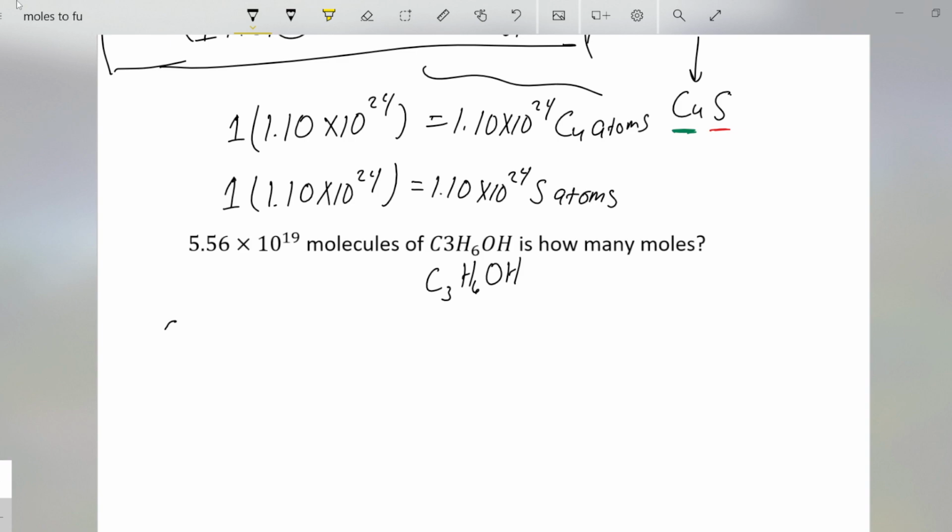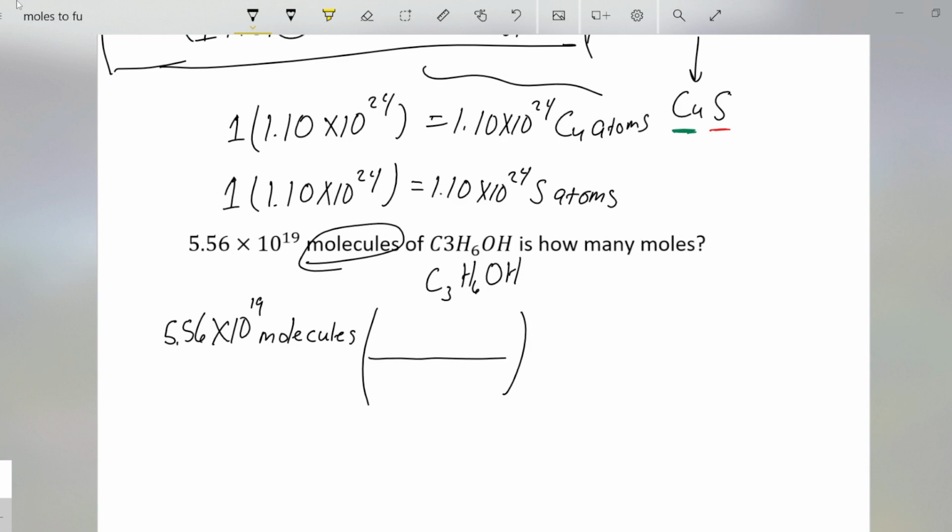So I got 5.56 times 10 to the 19th molecules of this C3H6OH stuff. I set up my boat. I am on molecule or FU island, so I want to put my FU stuff down below. And what goes with FUs?